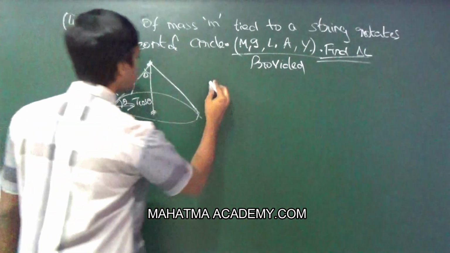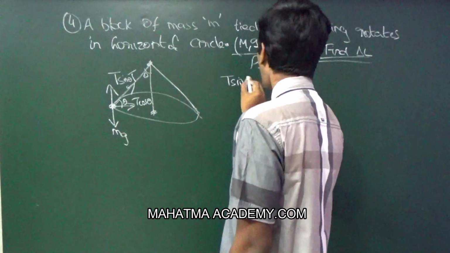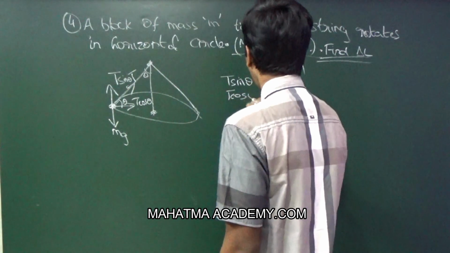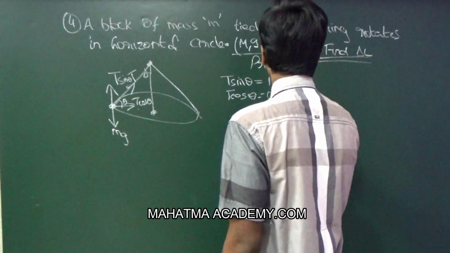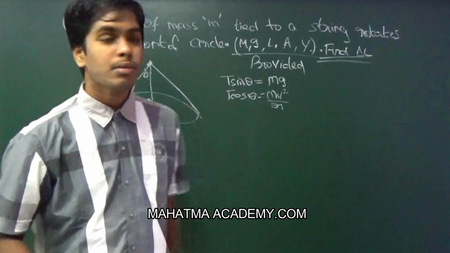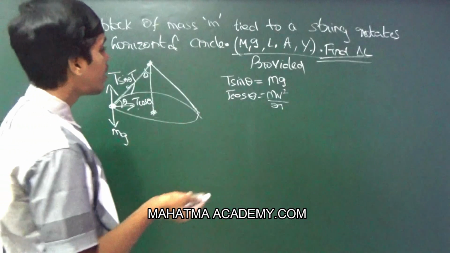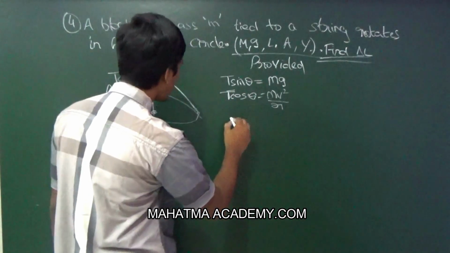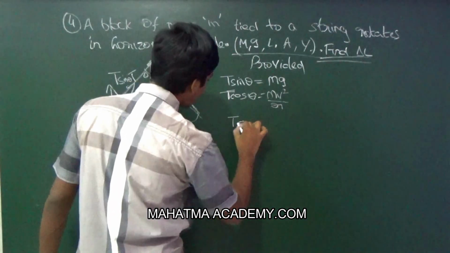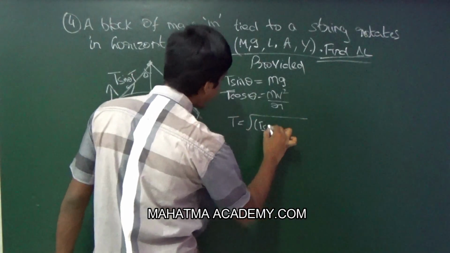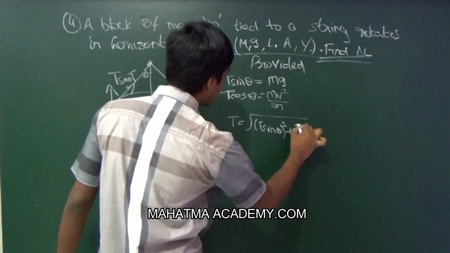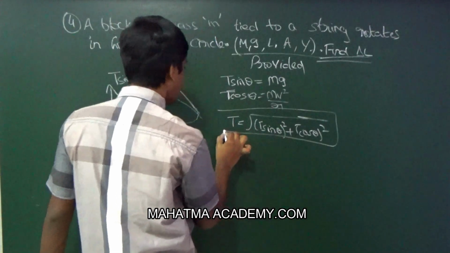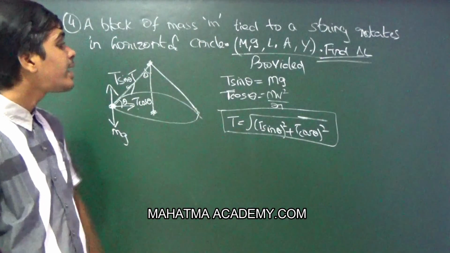So T sin theta is equal to mg and T cos theta is equal to mv square divided by r. If they have given the values, you can directly divide. Now T is equal to the square root of T sin theta whole square plus T cos theta whole square. From this we can get the tension.